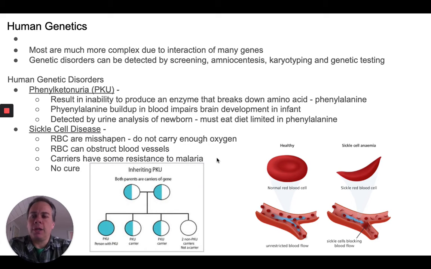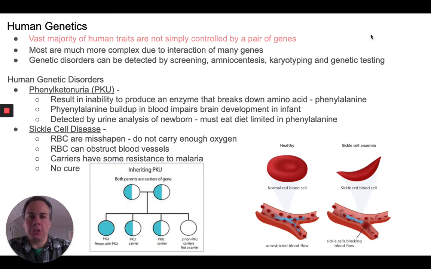For example, in human genetics, we think about human traits and characteristics, eye color, hair color, height, personality traits. Things are more complex. It's not like there's just one single gene that has two alleles for hair color, and it's dominant recessive, and you can easily predict the results of two parents having offspring. Most human traits are much more complex because they are coded for by multiple genes.